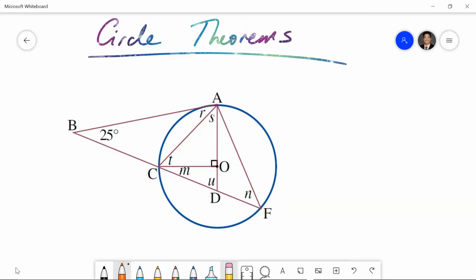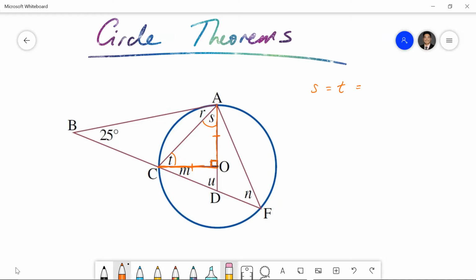The first thing I can see here is that we've got a right angle there, and this is the radius, and here is the radius as well. So if these two sides are the same, then we could automatically assume that these two angles are the same. It's an isosceles triangle. So S is equal to T, and a triangle adds up to 180 degrees.